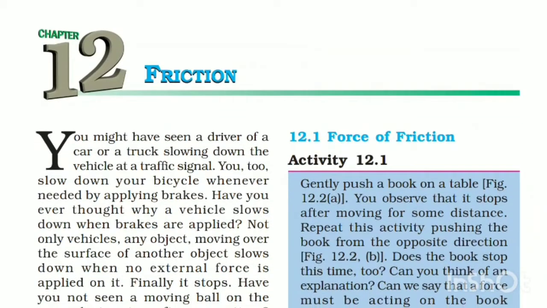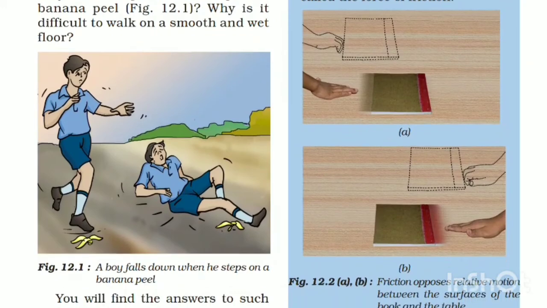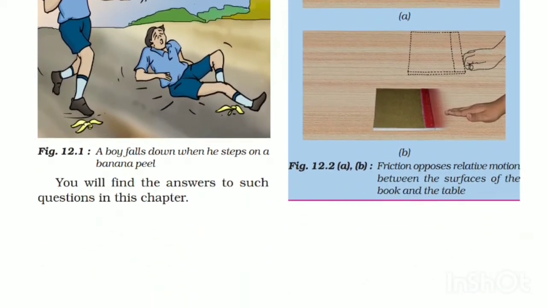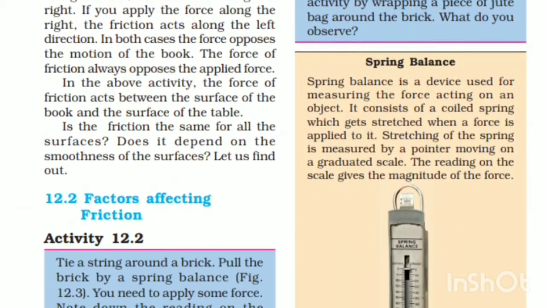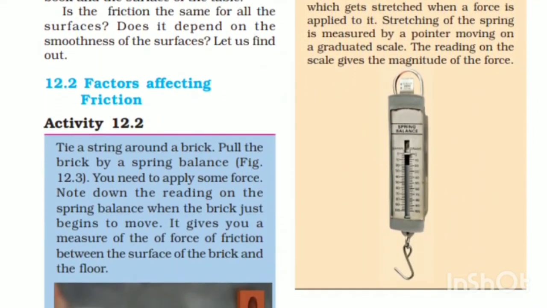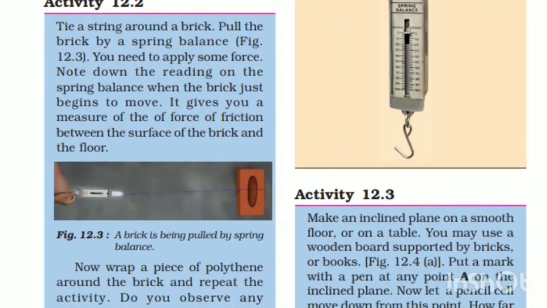Okay, students, now it's time to go through your textbook. Go through all the parts of your textbook and learn properly. There are also some fun activities to demonstrate friction properly.